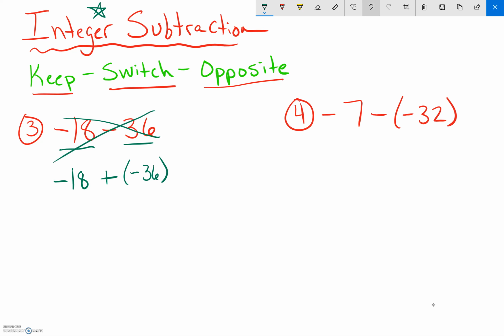We're just looking at the new addition problem we created, and it provides the same answer. So we have negative 18 plus negative 36. Those are both negative integers, so we are going to just add them up. 18 plus 36, and we're going to keep the sign. We're going to keep that negative symbol. Negative 54.